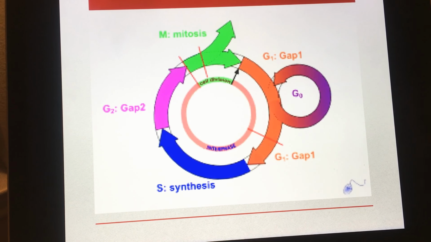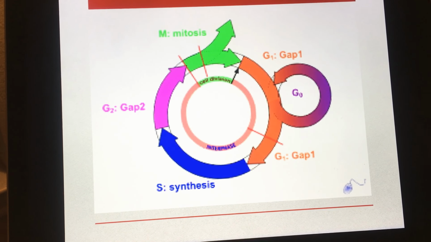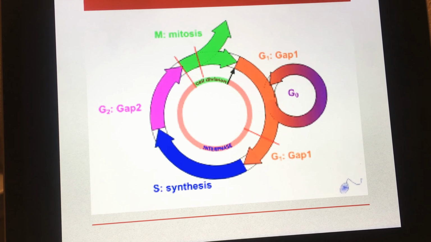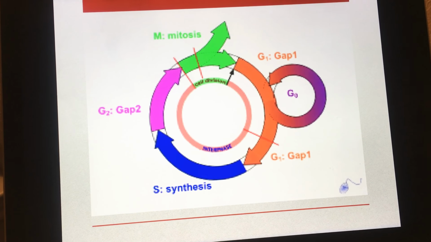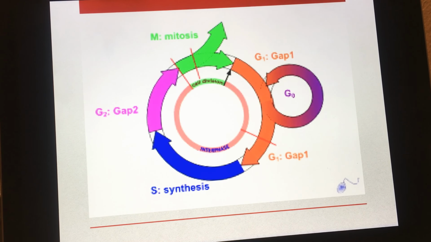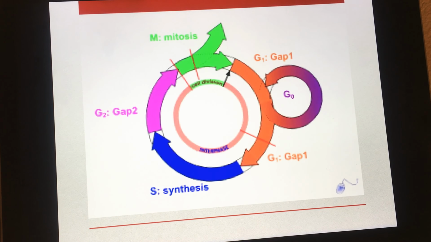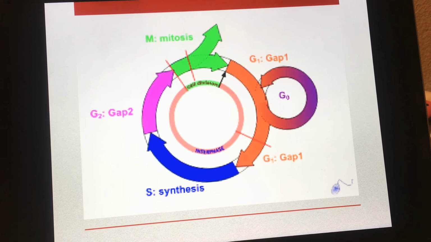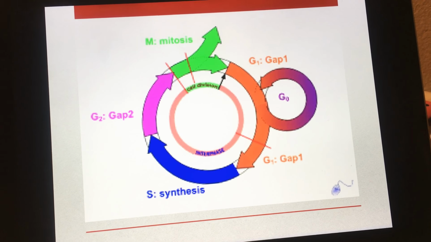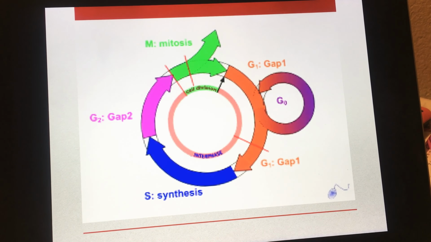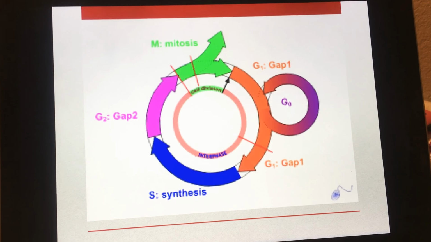And the last checkpoint, the spindle checkpoint, makes sure that all chromosomes are attached to the spindle for anaphase. The factors in cell cycle regulation include growth factors, size of the cell, and nutritional state of the cell. And once these checkpoints are all completed, mitosis can occur.